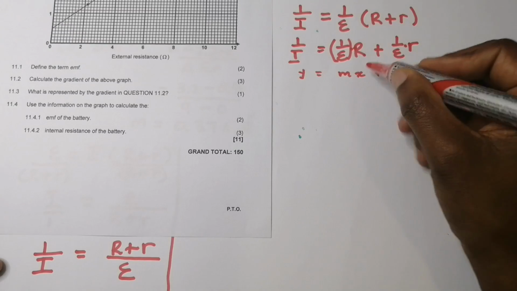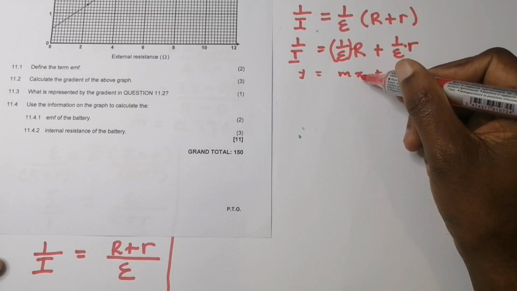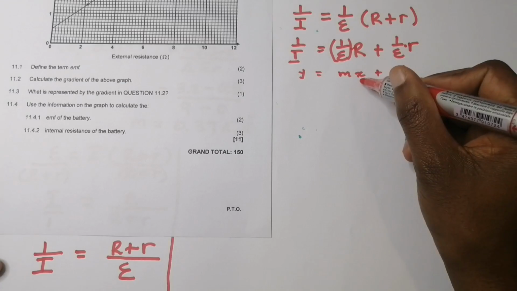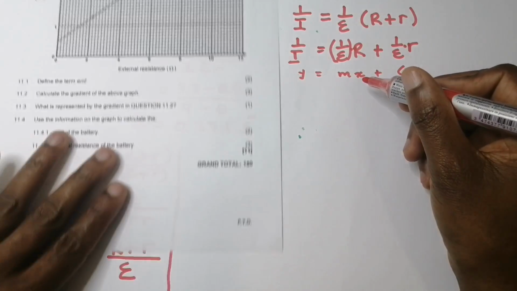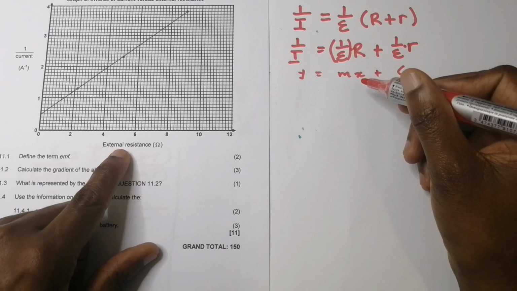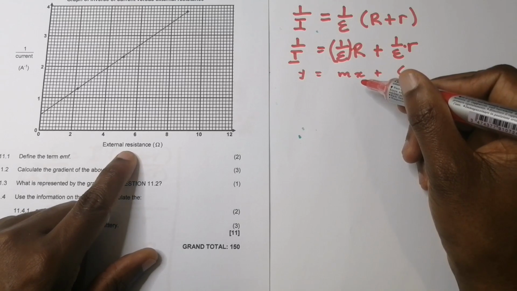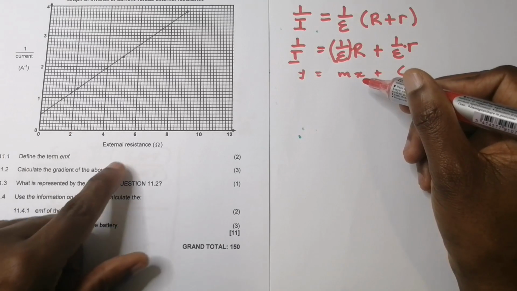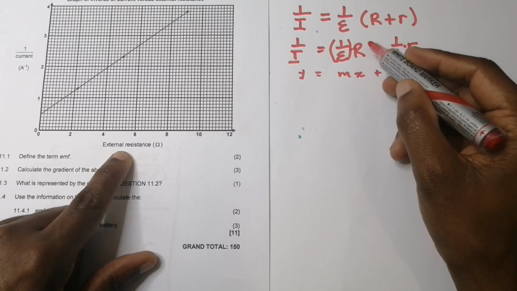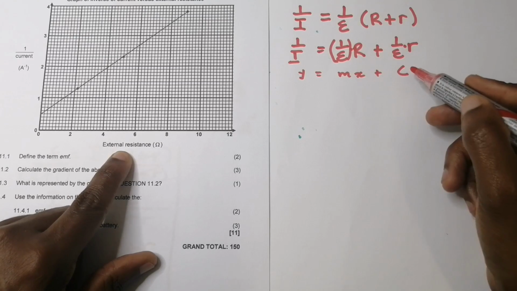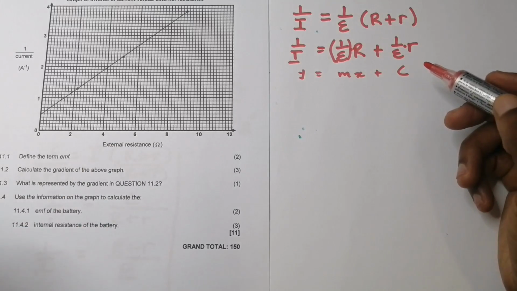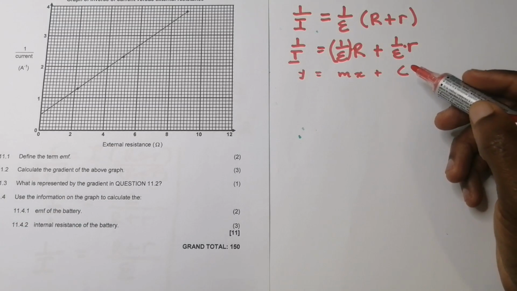Can you see that? Because now your independent variable, usually that would be x, okay, so that would be on the x-axis. So on this graph, what's on your x-axis? It's the external resistance, which is this guy over here. All right, so meaning that would be your constant. All right, I hope you can see that, or you can follow what I'm saying.